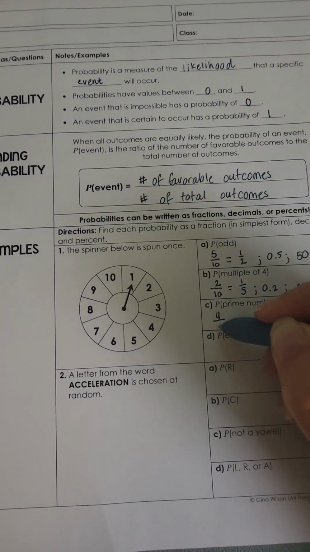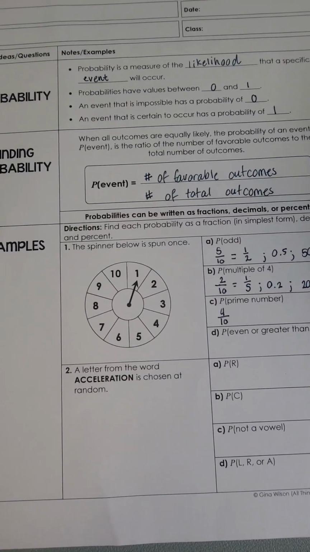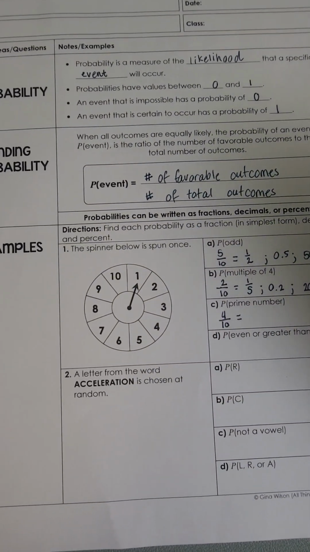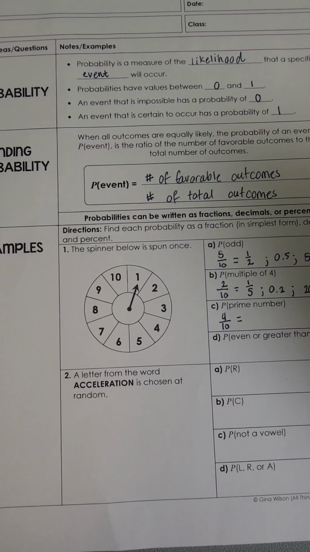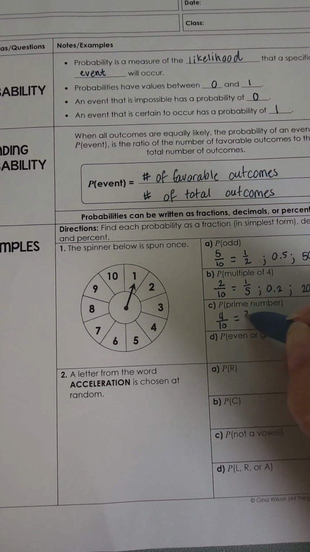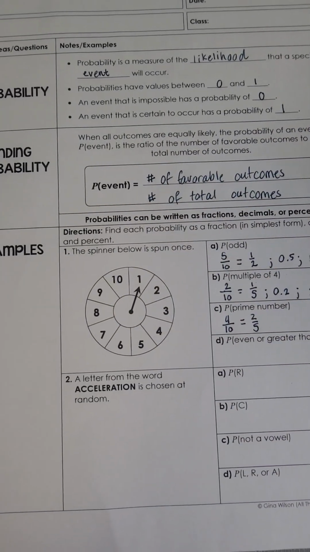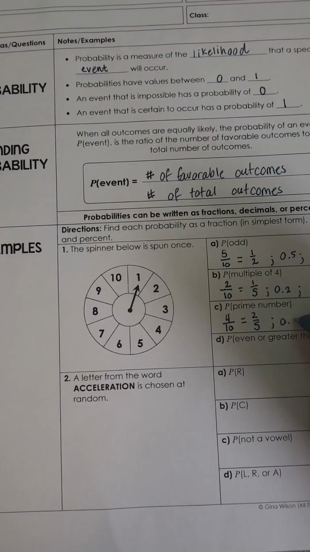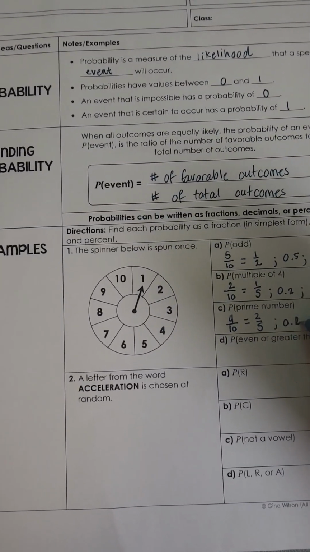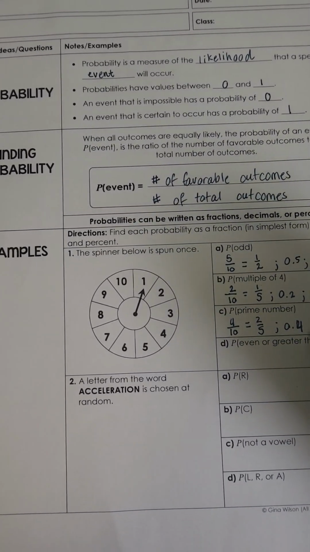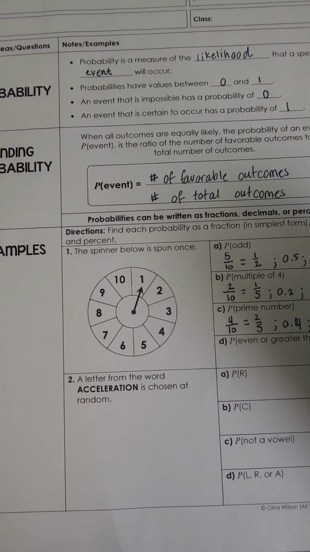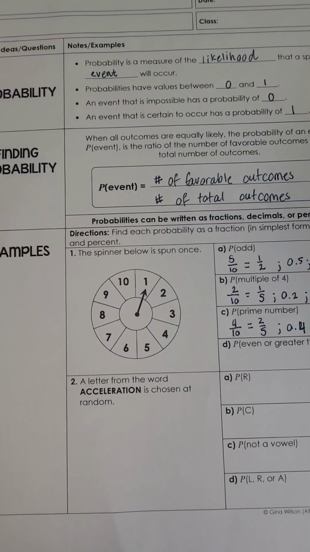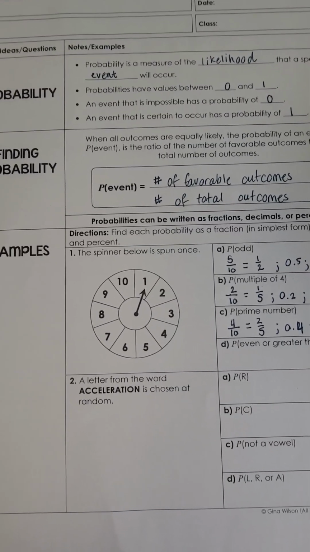Again, I have 10 possible sections this thing could land on. 4 over 10 simplifies to 2 over 5. If I turn this into a decimal, you should get 0.4. That is a 40% probability that I will land with my spinner on a prime number.